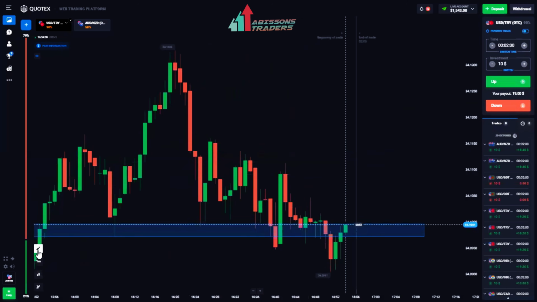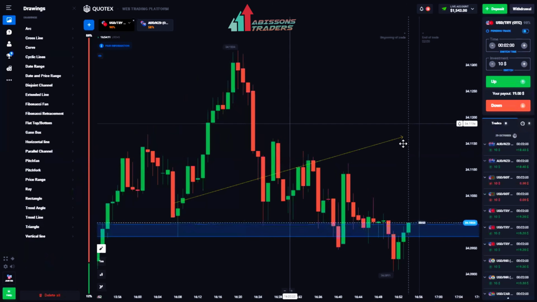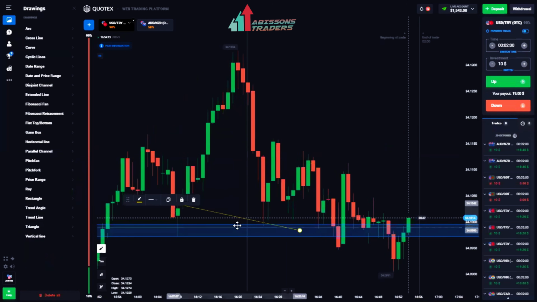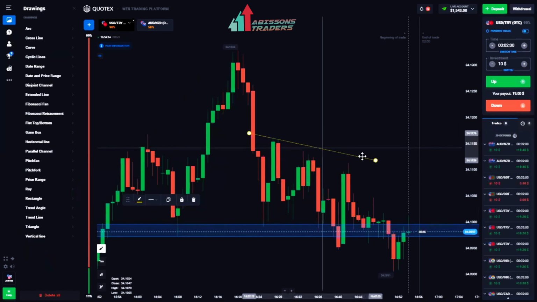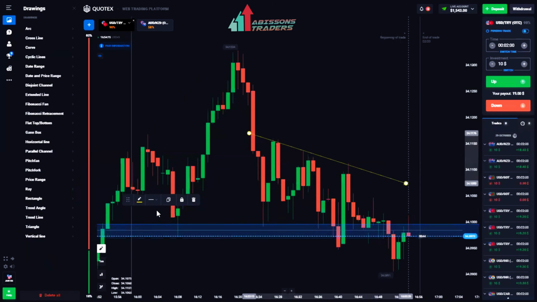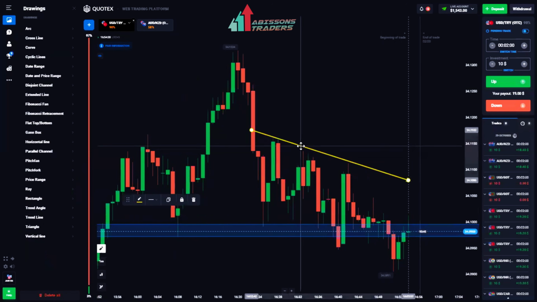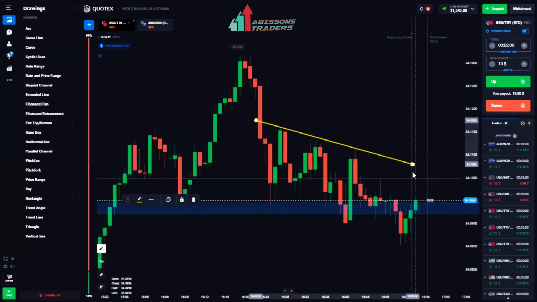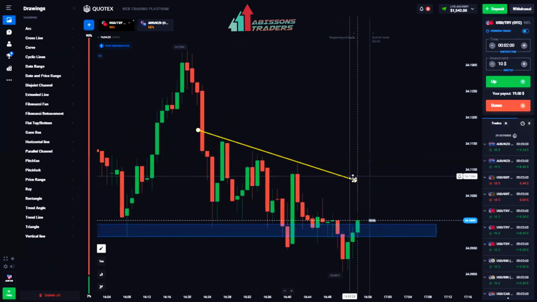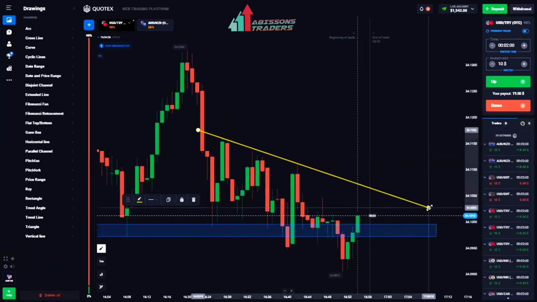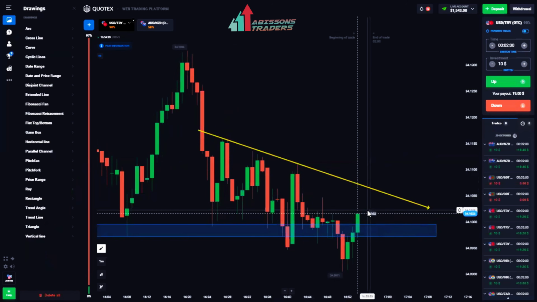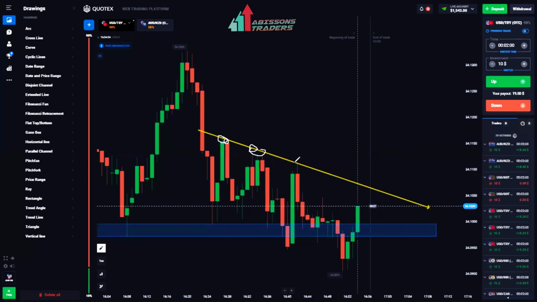Even a trend line, you can use a trend line as well to mark the reversal points. You can see, we just cover the wicks with the trend line, and you will see we had what? We had a nice reversal zone there. So you can see there was a reversal here, and another one here.